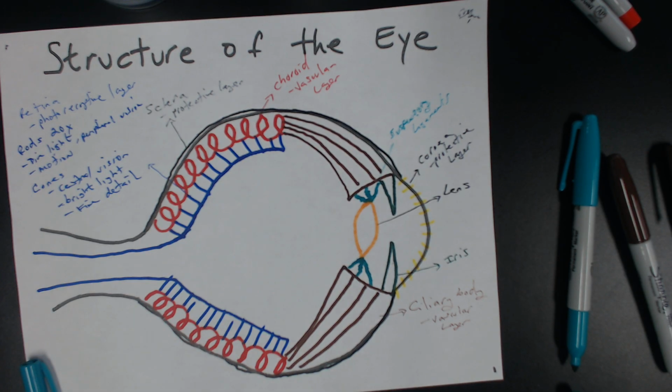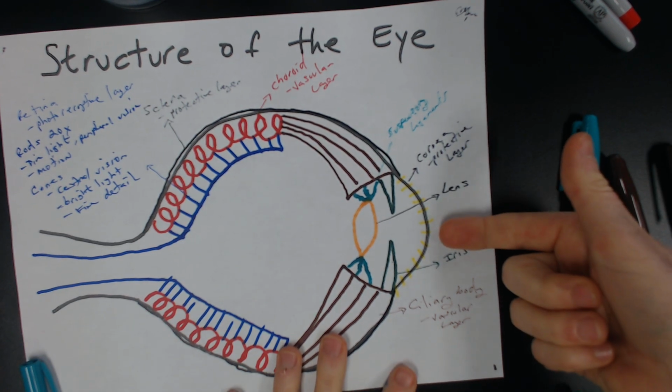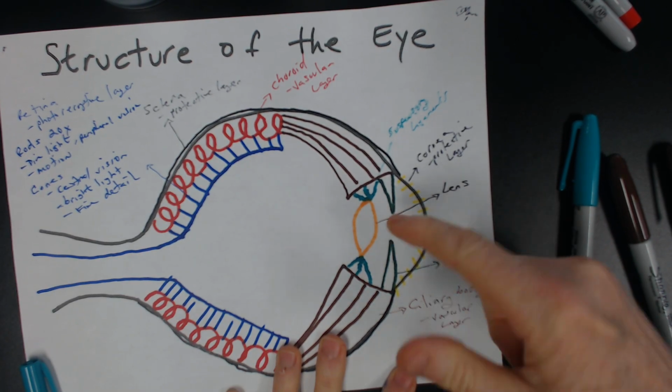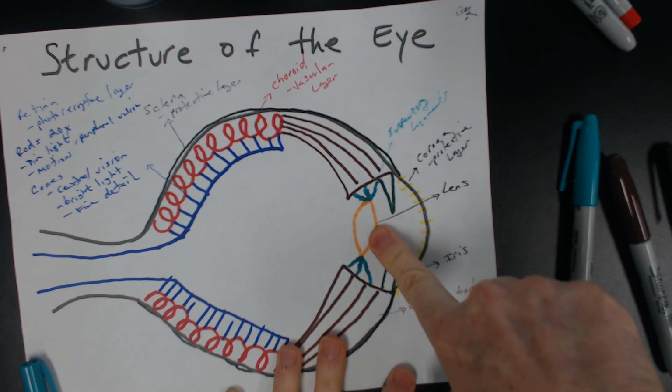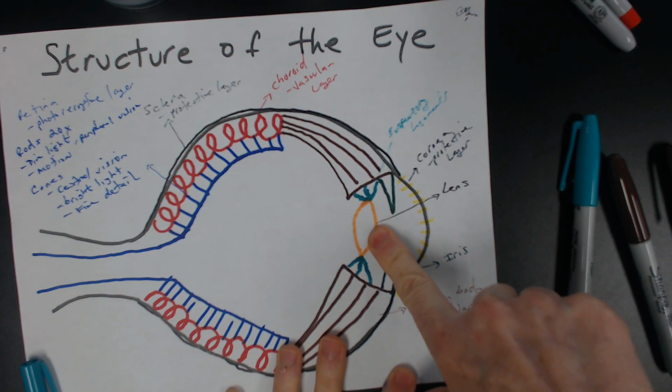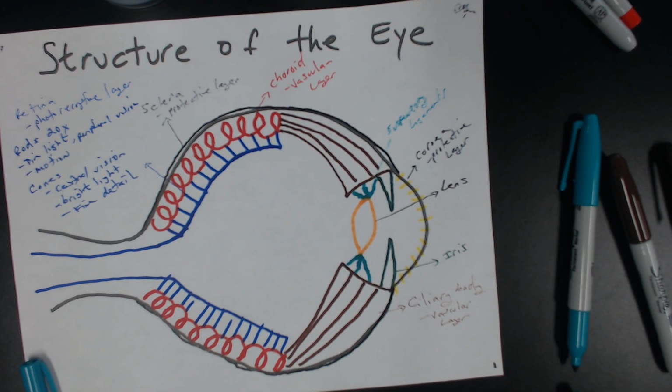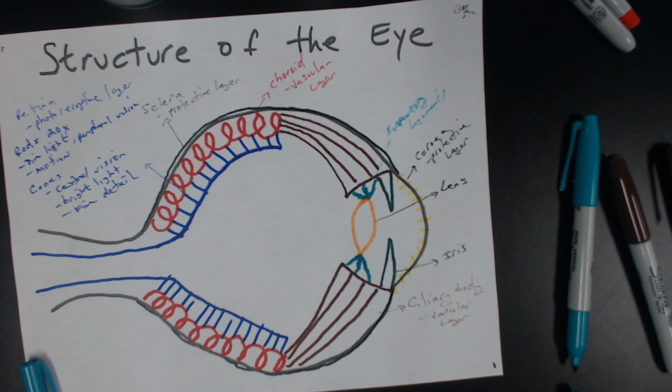And like I said, light is going to come in through the cornea protective layer, enter through the pupil, and the lens is going to help focus that light to a specific part of your retina. That specific part of your retina is known as your macula.